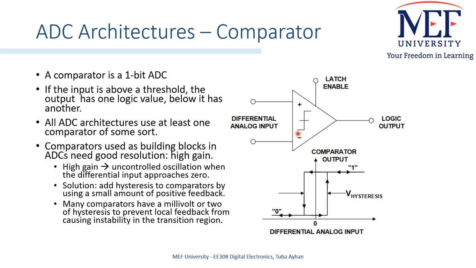High gain causes uncontrolled oscillation when the input voltage is around 0. As a solution, we put a very small hysteresis by using a very small amount of positive feedback. So we can avoid staying at this 0 point by adding that hysteresis.